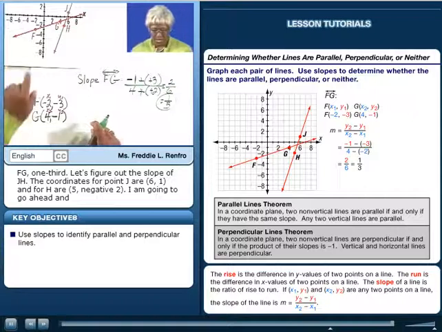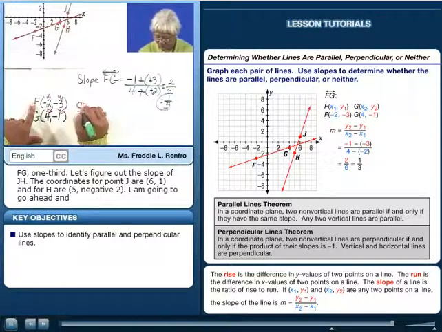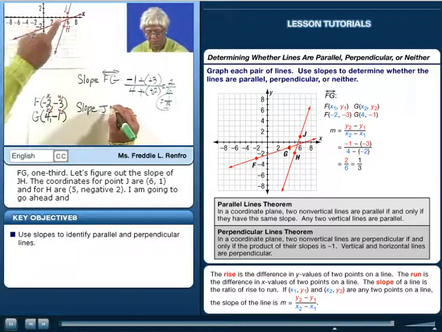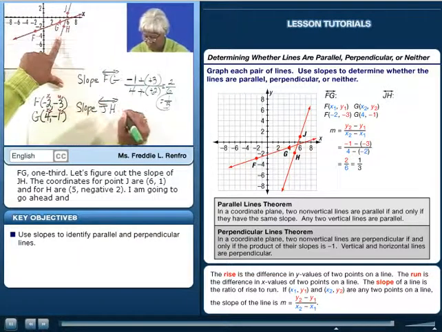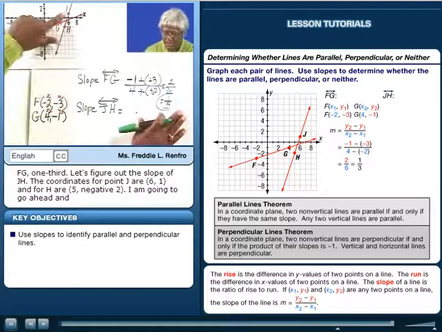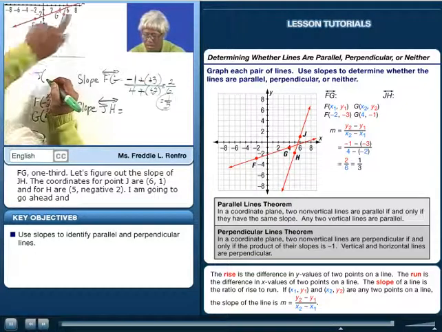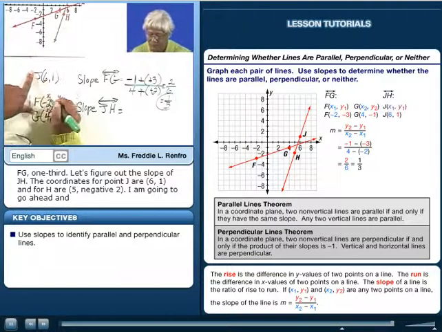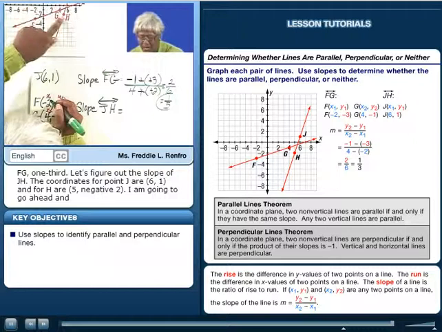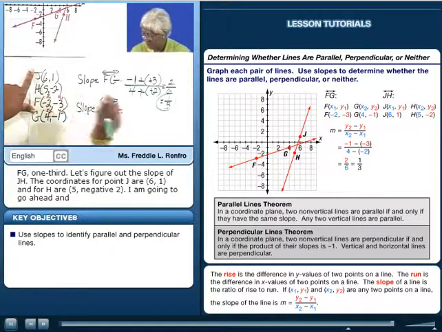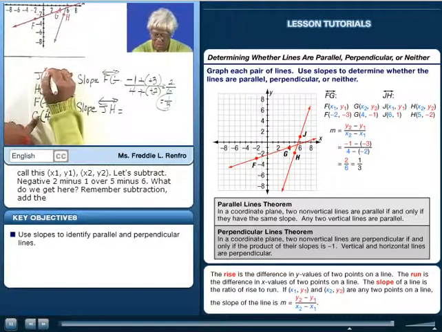Now let's figure out the slope of JH. The coordinates for point J are 6, 1, and H looks like it's 5, negative 2. I'm going to call this X1, Y1, X2, Y2.